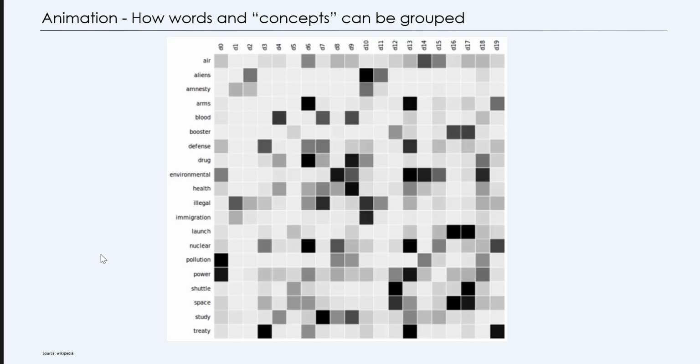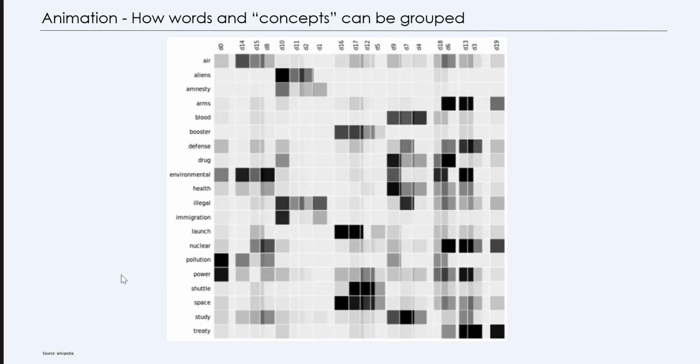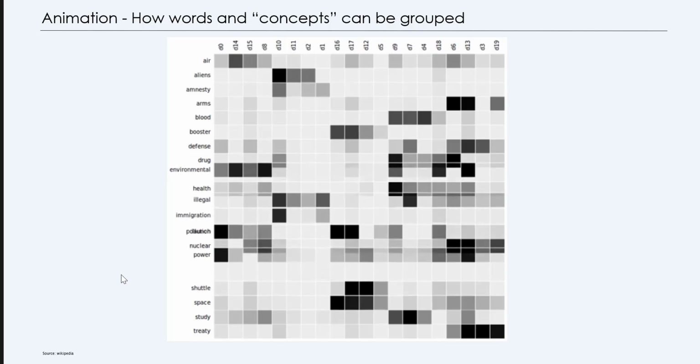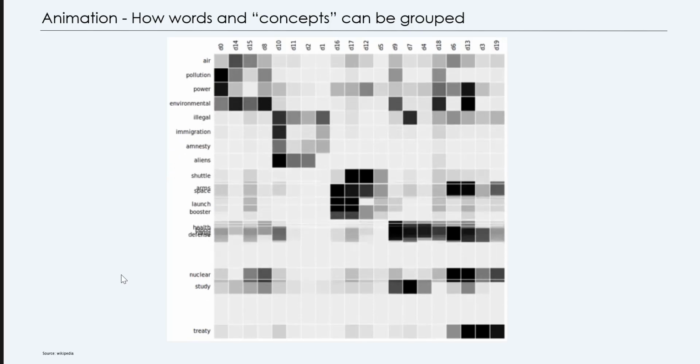This is going to go through some level of matrix transformations. It's going to shift rows and, in this case, columns and rows. You can see that.